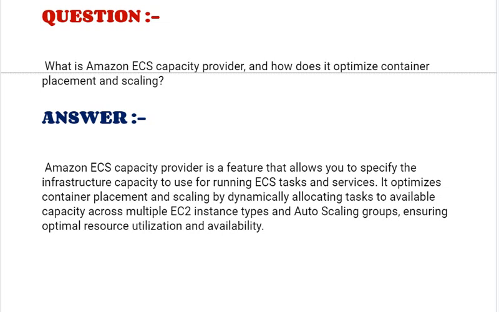Our next interview question is: what is Amazon ECS capacity provider and how does it optimize container placement and scaling? Your answer should be: Amazon ECS capacity provider is a feature that allows you to specify the infrastructure capacity to use for running ECS tasks and services.